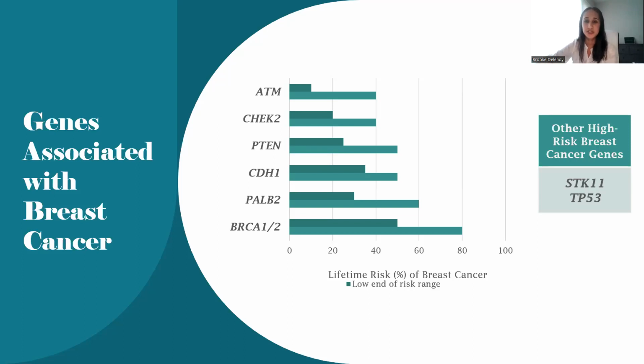I think honorable mentions are mentioned on that right hand of the slide there for STK11 and TP53, other hereditary breast cancer related genes. Now, the graph, I would say visual here on this slide, demonstrates the lifetime risk percentage of an individual with a mutation in one of these genes to develop breast cancer.